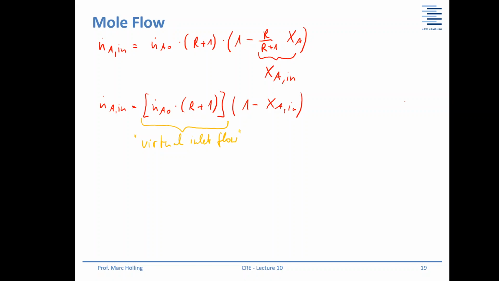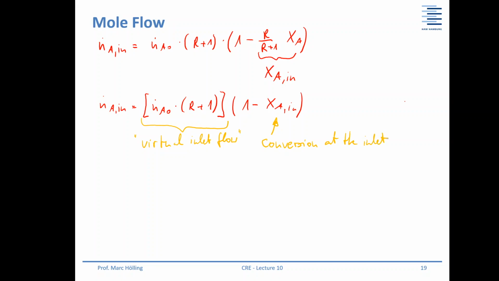So since we have the recycle of our volume flow through the plug flow reactor, our inlet flow is not only N dot A0, but we have a mixture between the real inlet flow and the recycle flow, and we can express it in a new term as you can see here. So it's N dot A0 times R plus 1, and here we have our conversion at the inlet.